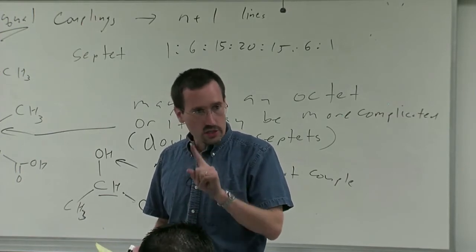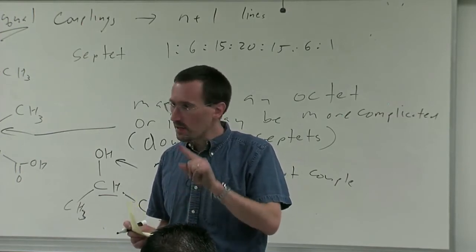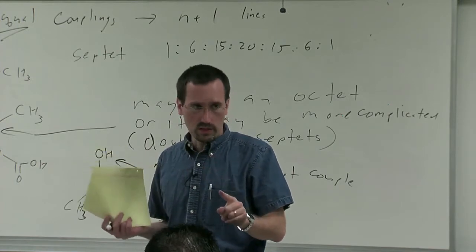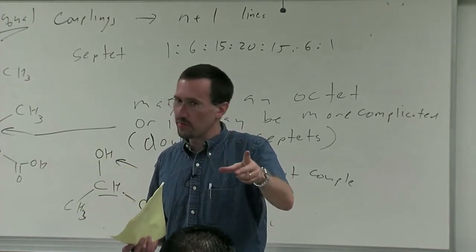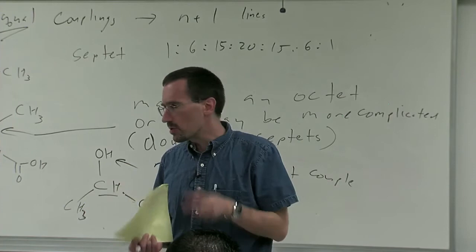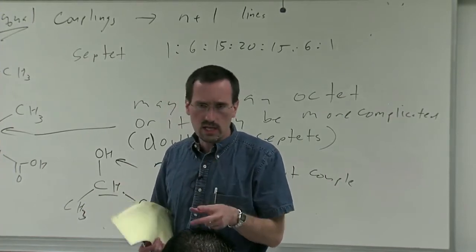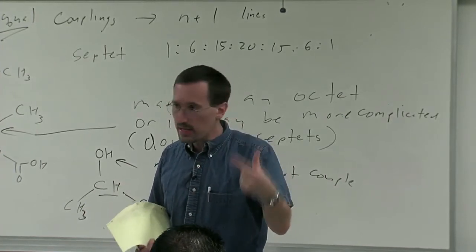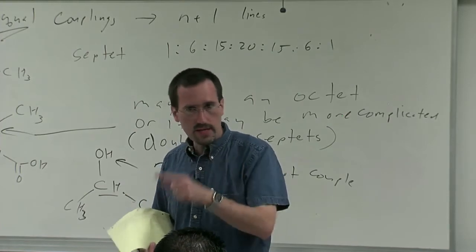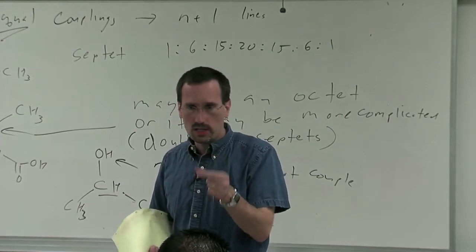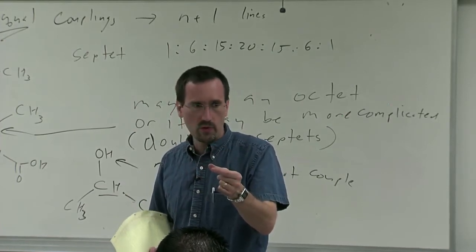If it is exchanging with water and there's a lot of water, then it will become part of the water peak. Also, there are 2 different time scales. One is the time scale for coupling. The other is the time scale for being able to see a peak. Remember I talked about the uncertainty principle before?